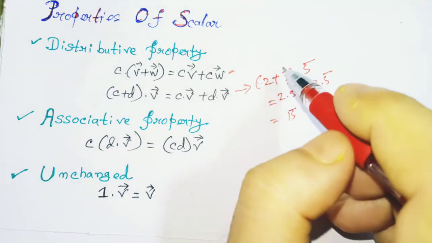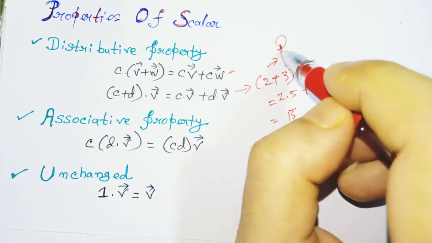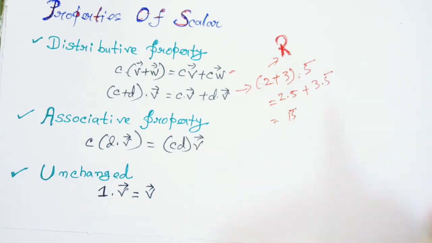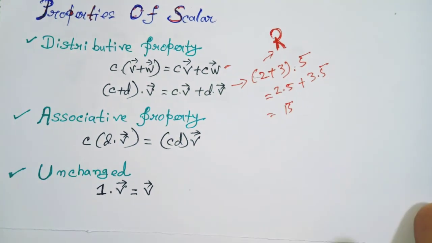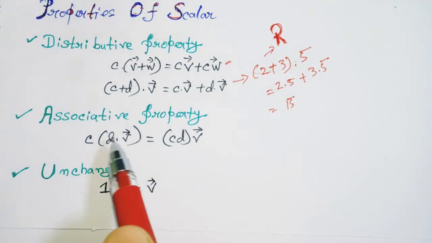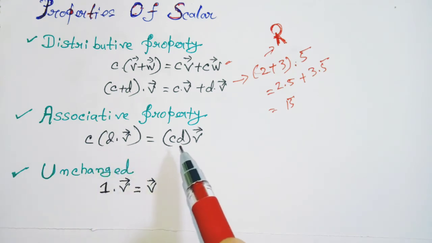So what I am trying to show is that these are real numbers. So I will put it as big R. This is a big R, which is a general notion of a real number, right? So this is what we show. It's a real number. Also, it has got an associative property. This is an associative property. c multiplied by d, dot v, equals c(dv).